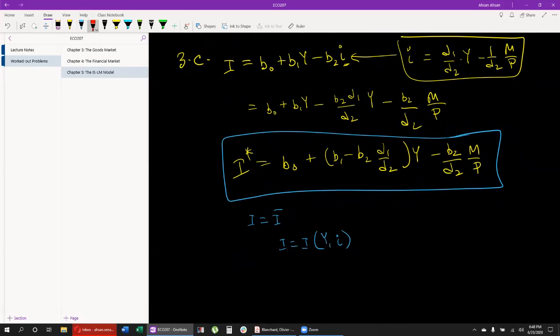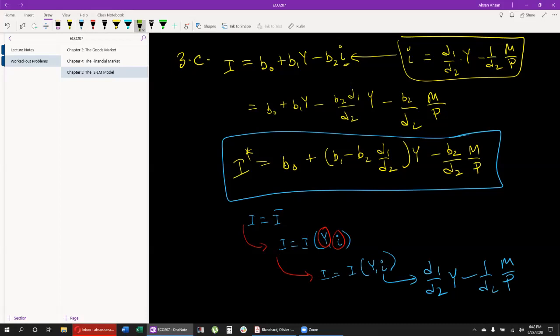Of course, we were allowing output to vary, but we didn't really know much about interest rate. So this was in the second stage. Now what we have done is we have the same condition, but we also know something about I right now. We know that I is d1 by d2 y minus 1 by d2 m by p.